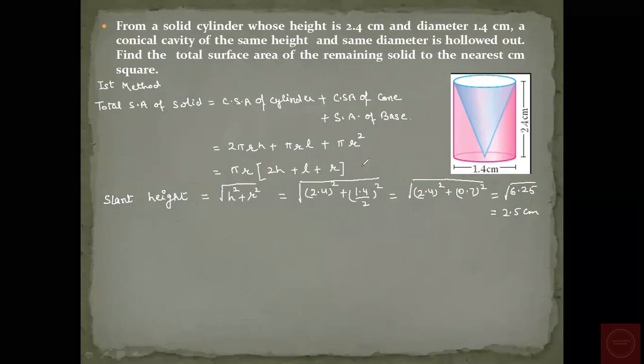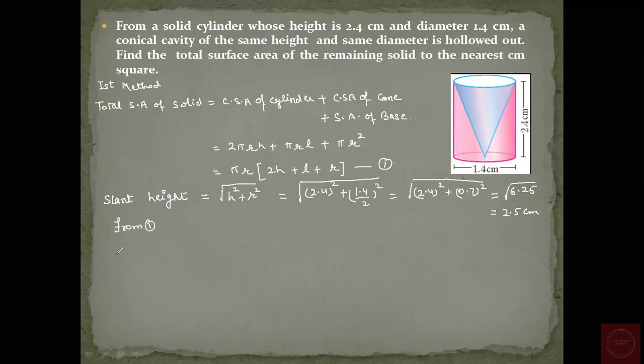Now we can substitute all these values, and you can call it equation number 1. So from 1 we have the total surface area of solid equals 22 by 7, h is here 2.4 and radius is 0.7, and in bracket 2 into h, which is 2.4, plus slant height l, we already found, that is 2.5, plus 0.7.